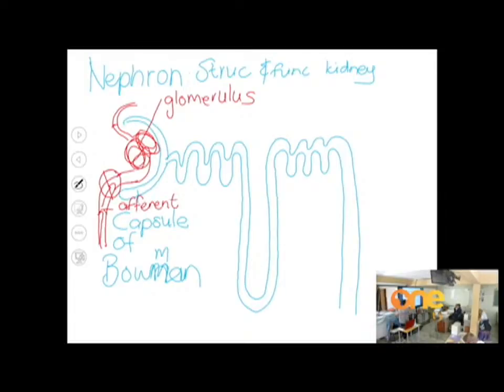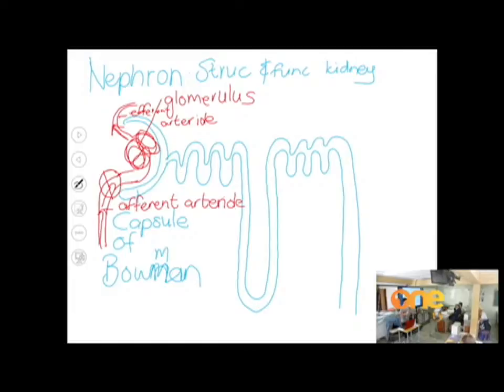Afferent means bringing towards. Afferent arteriole brings blood into the glomerulus. And the efferent, this one is the efferent arteriole. Afferent arteriole and efferent.